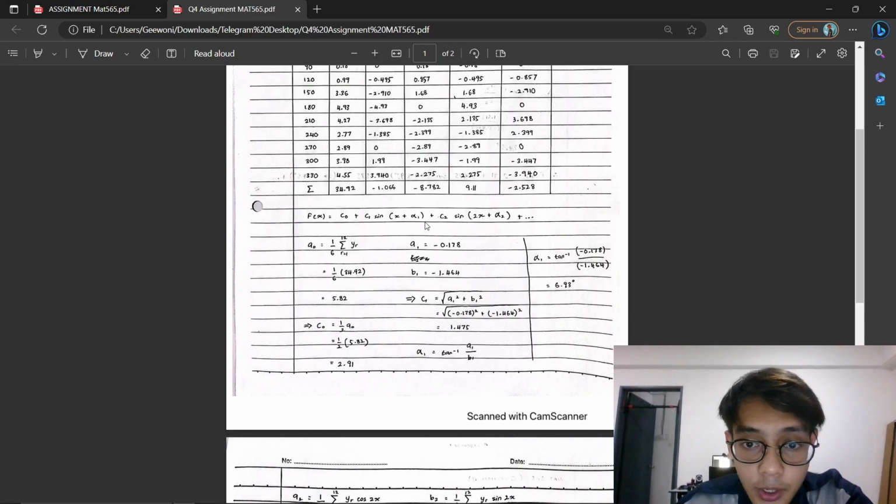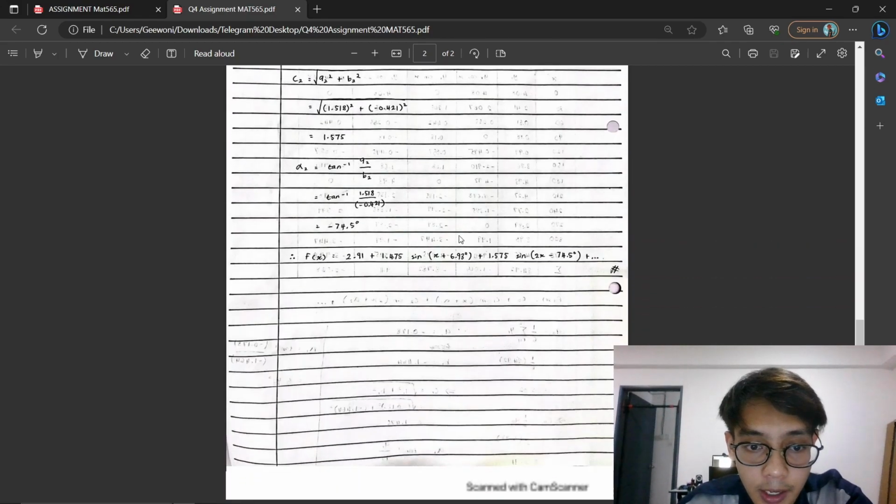The final answer for this question 4 is f(x) equals 2.91, or C0, plus 1.475, C1, sin(x plus 6.93), alpha 1, plus 1.575, C2, sin(2x minus 74.5 degrees), our alpha 2. So that is our final solution.